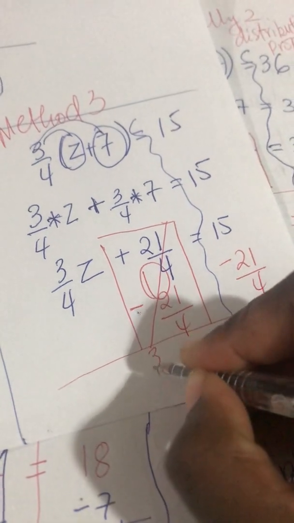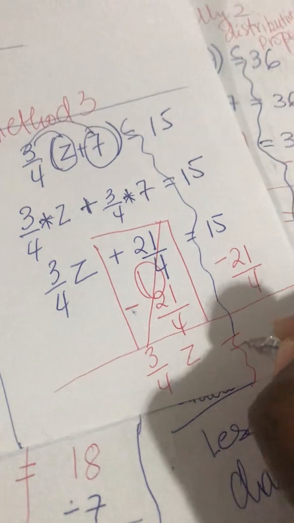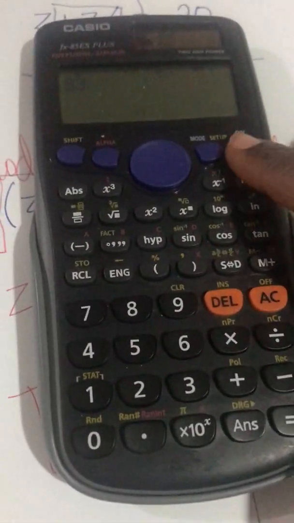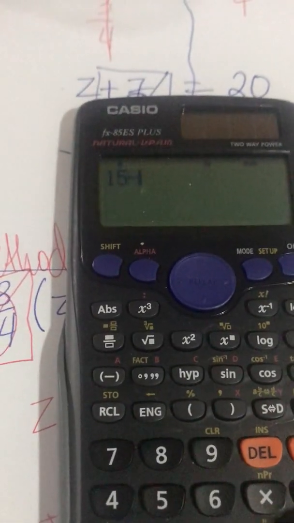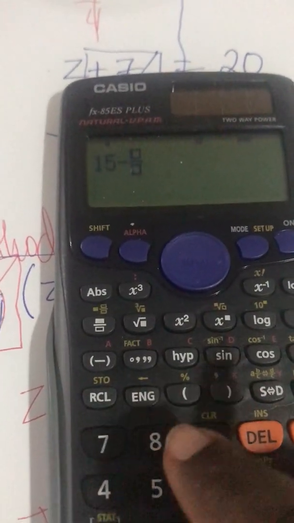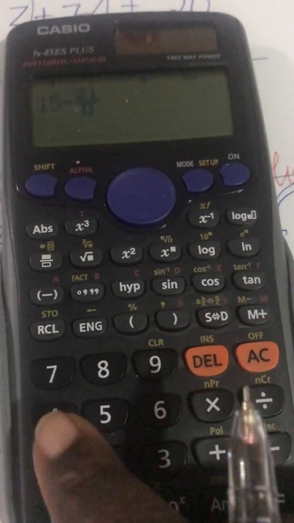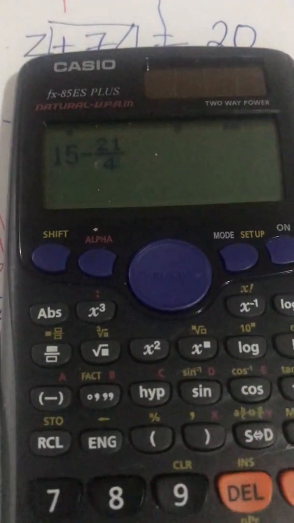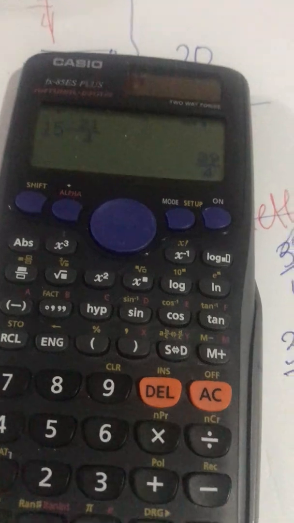Then you have 3 over 4 z equals, then you put in your calculator 15 minus 21 over 4, and you get 39 over 4, okay?